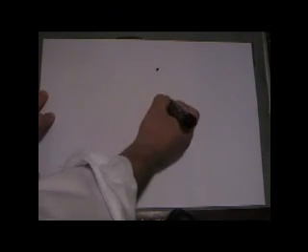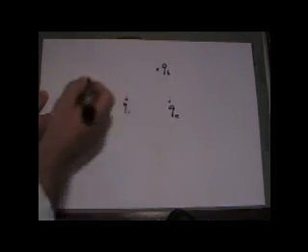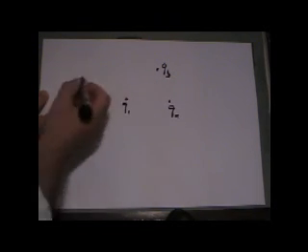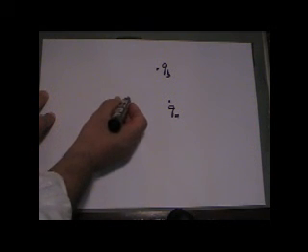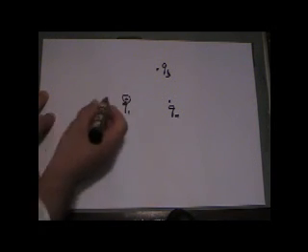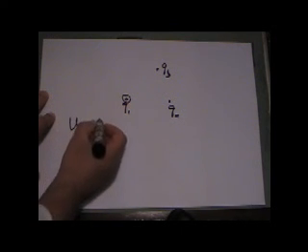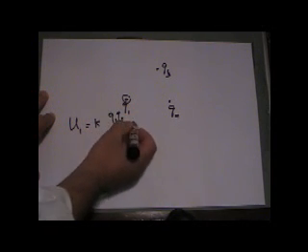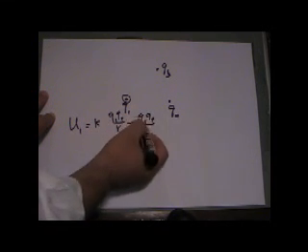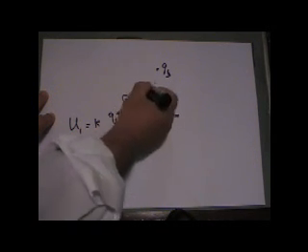Suppose I have three charges, Q1, Q2, and Q3, and I want to calculate the electrostatic potential energy at Q1. It will simply be U at 1 equals K times Q1 Q2 divided by the distance R2, plus Q1 Q3 divided by the distance R3.